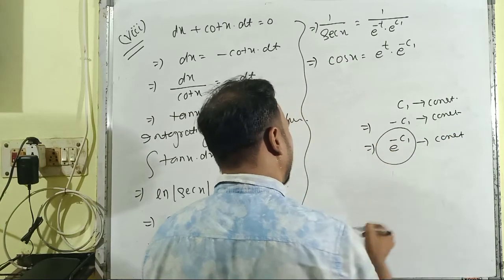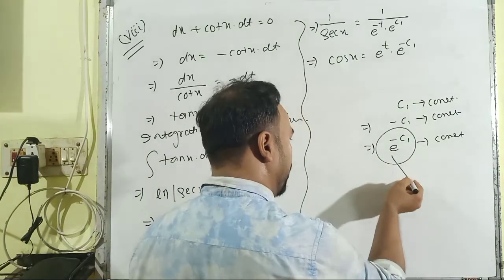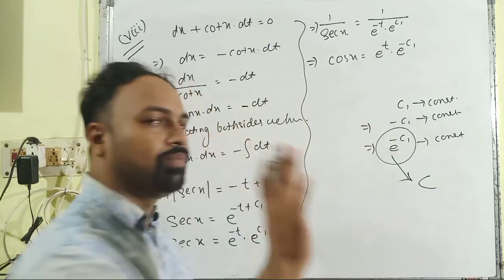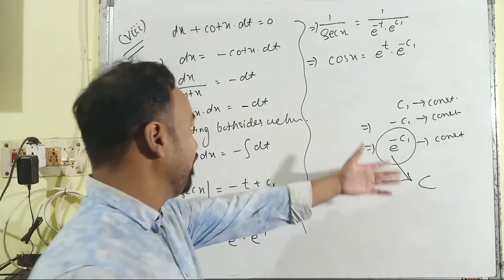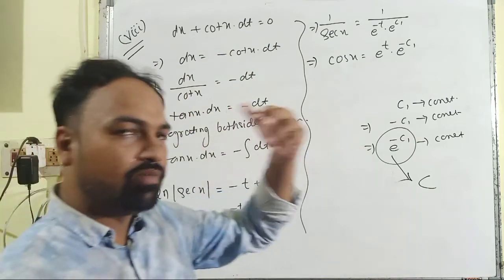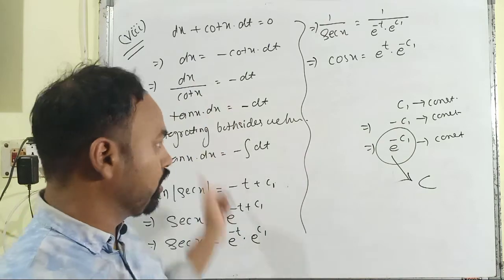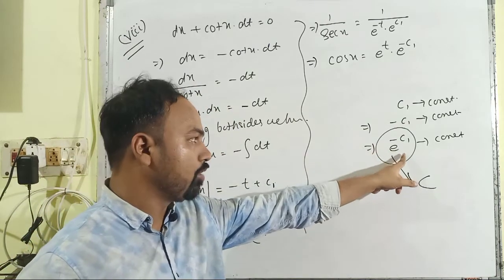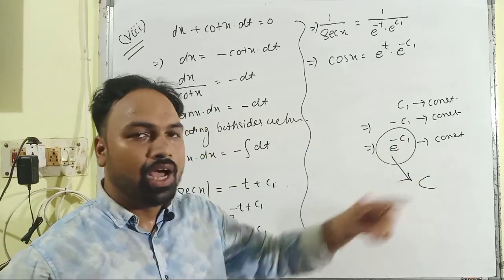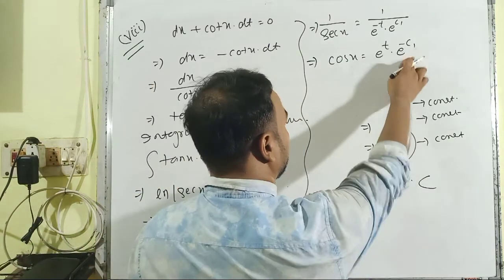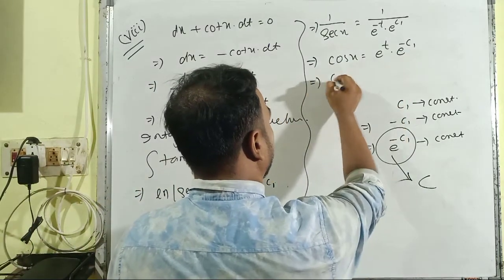As it is a constant, in place of e to the power minus c1, I can simply write c, because I have not taken c anywhere else. If I had taken c somewhere, then we could not put c in place of e to the power minus c1. So in place of e to the power minus c1, we put c.